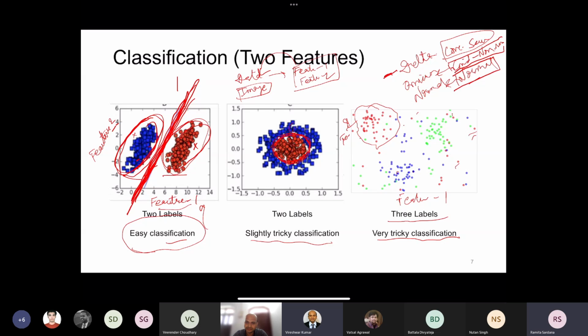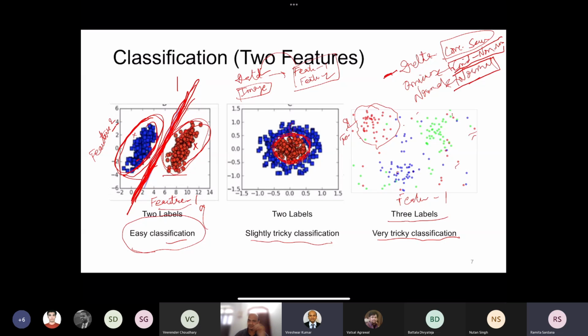Sir, a small doubt. In the case of an image, suppose at pixel X, Y there is a color of the pixel. So can these be three features of the input? Yes, please go ahead. I was just wondering, in the case of an image, suppose there is a pixel at some location X, Y, and there is a color of that pixel.